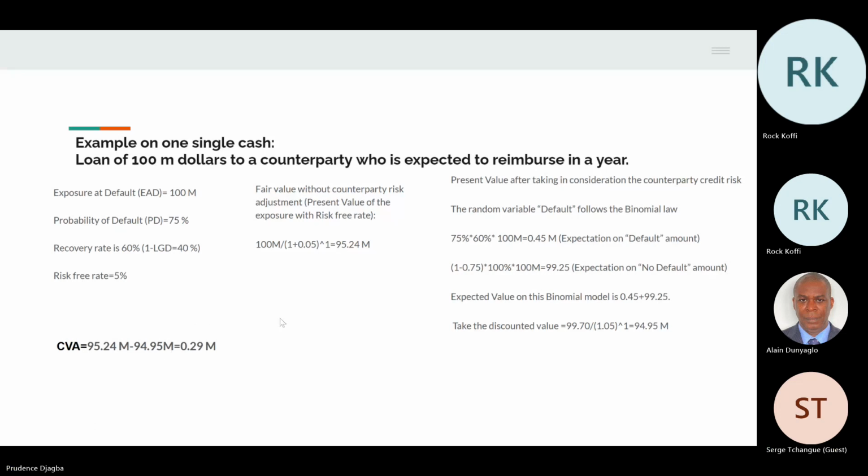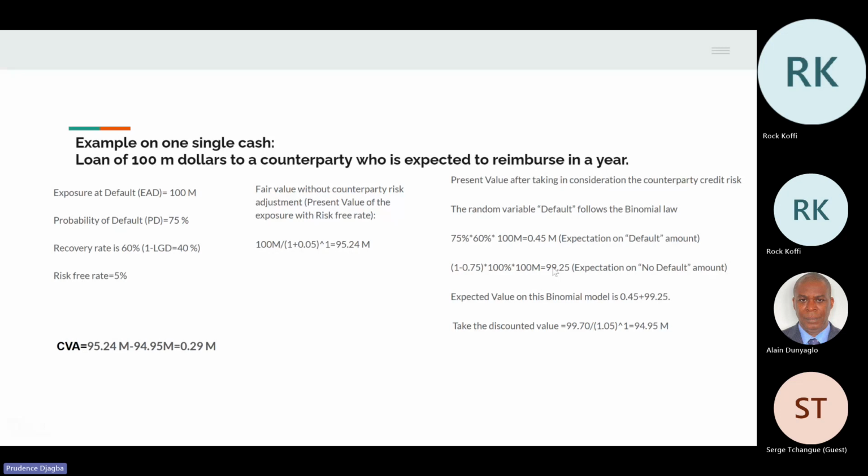Yes, exactly. Okay. So as I defined earlier, the CVA is the difference between the portfolio value when we do not take into consideration the counterparty and the present value after we take into consideration the counterparty credit risk. So here, I evaluate the fair value without the counterparty, which is the 100 million times the discount factor, which gives me 95.24 million.